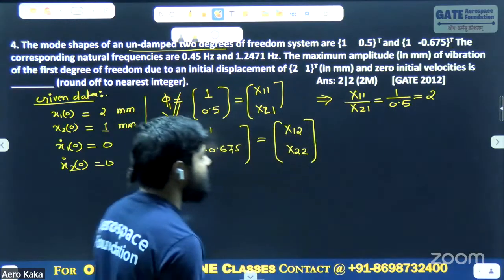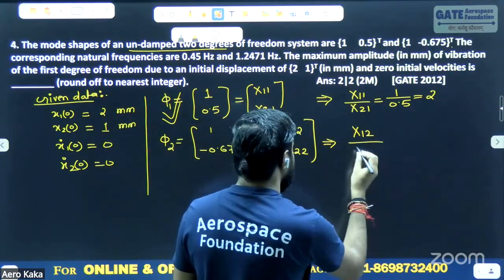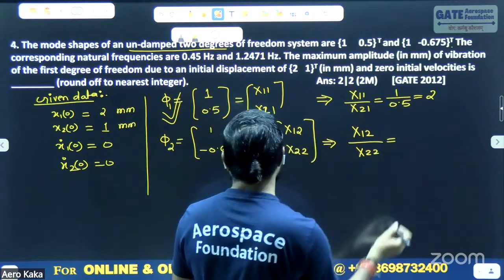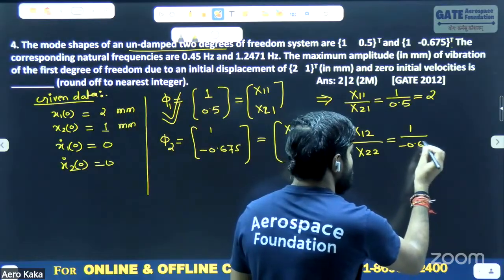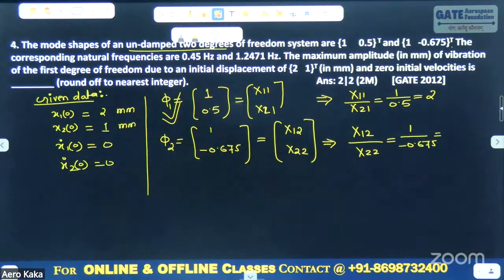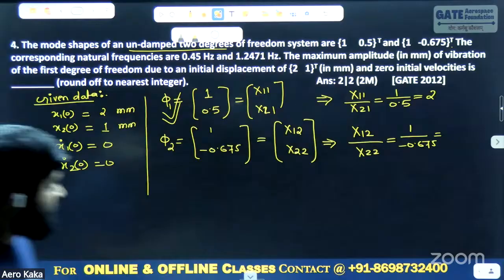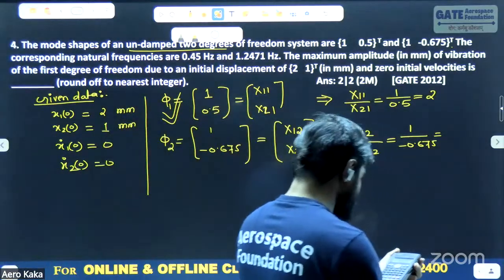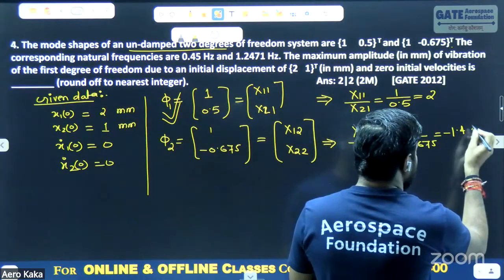And from here, x12 divided by x22 is equal to 1 upon minus 0.675. Here is my calculator. 1 upon 0.675, how much is it? 1.4815. Are you getting this?